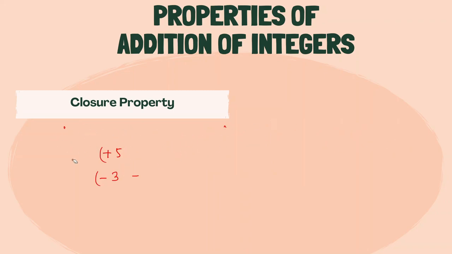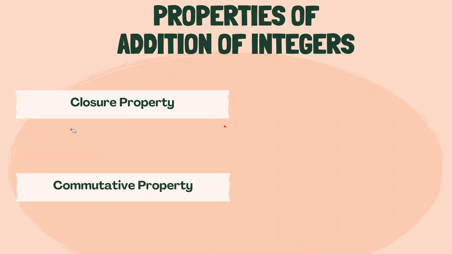Okay. The next property name is commutative property. In case of commutative property, what happens? We take two integers.